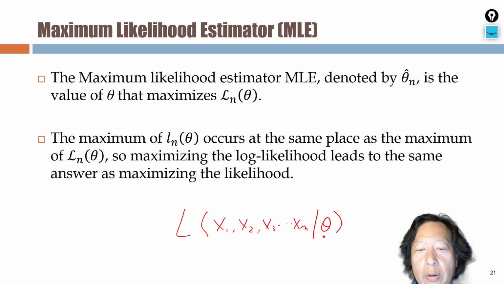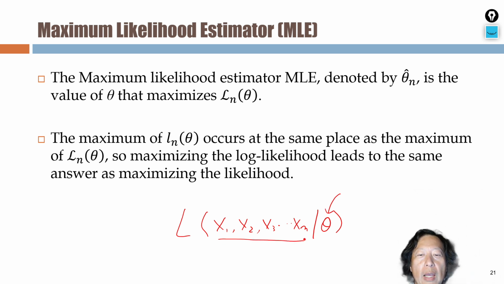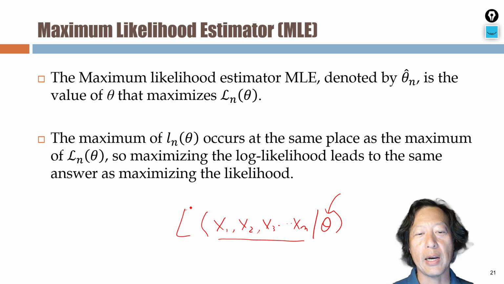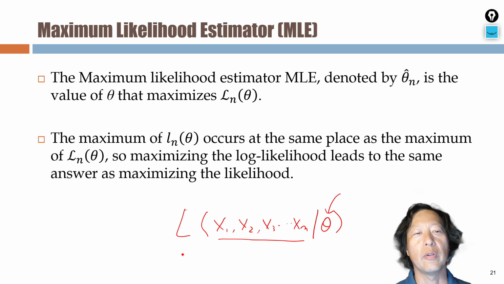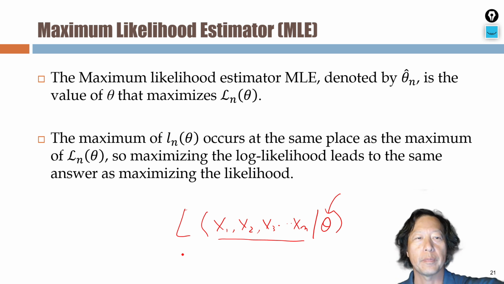With the given parameters, we can calculate it. Now I want to find theta, because an observation is just an observation. You cannot change the observation. I want to find the theta that maximizes this likelihood. That's what we call the maximum likelihood estimator.